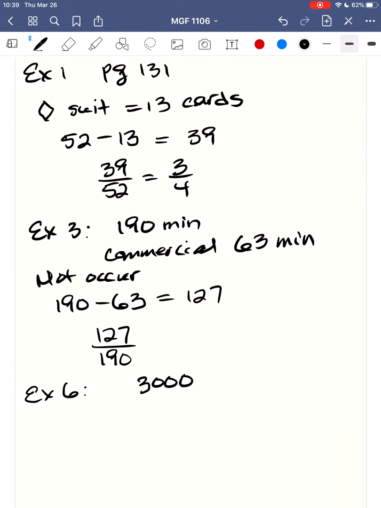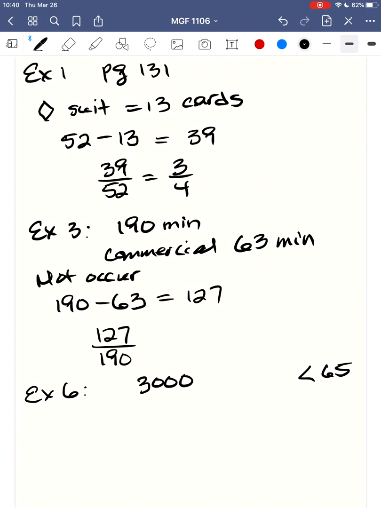One is selected from this population. I want to find the probability as a fraction that the moviegoer is less than 65.